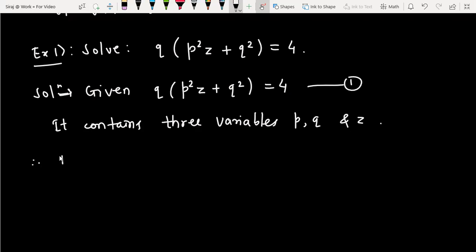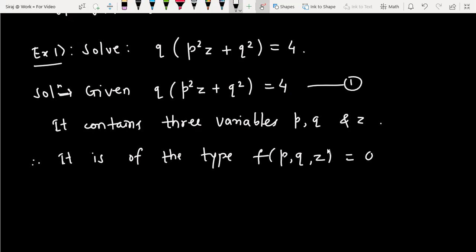So therefore, it is of the type f of p, q, z equal to 0. So we have identified the type of the given partial differential equation. It contains 3 variables, particularly p, q, and z. Therefore, it is of the second type, f of p, q, z equal to 0.